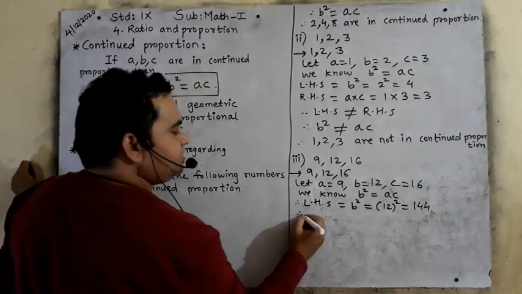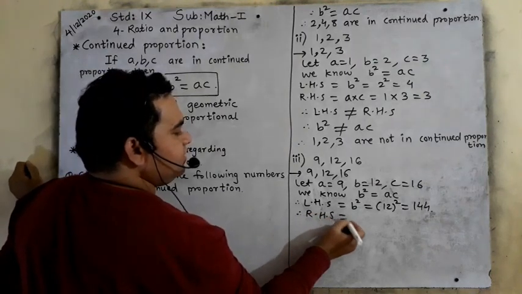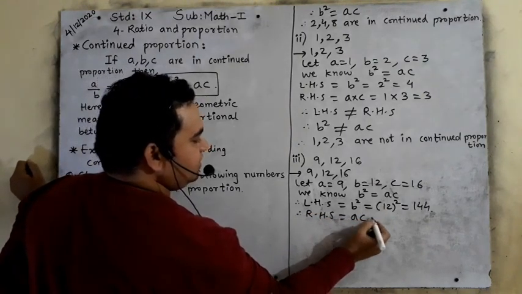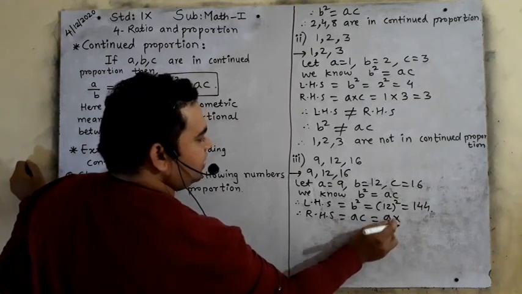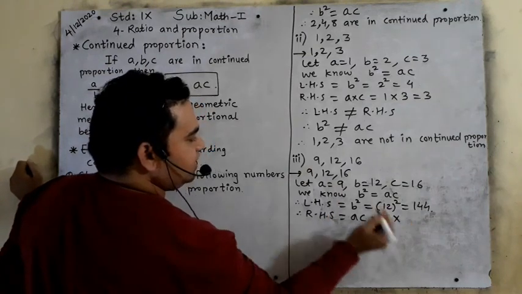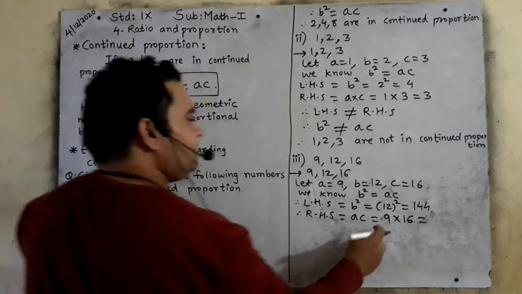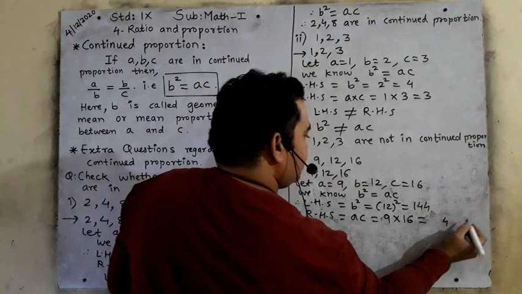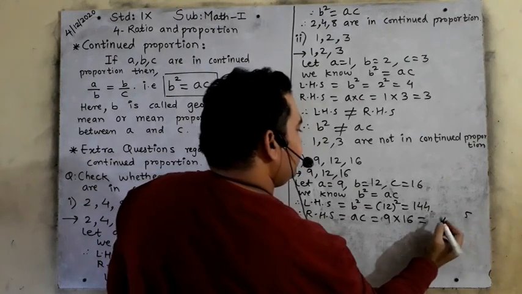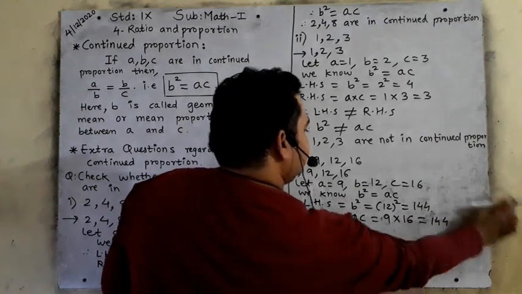Okay. Now RHS, right hand side, is equal to AC, A multiplied by C. The A value here is 9 and the C value is 16. So we will multiply. 9 times 6 is 54, carry 5, 9 ones are 9 and 5, 14. It is 144.